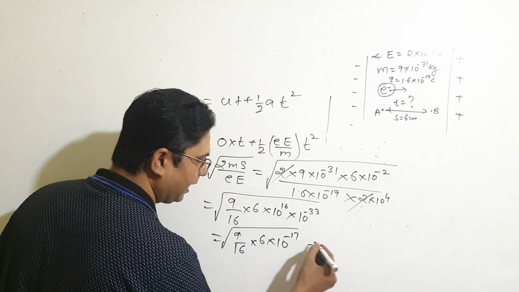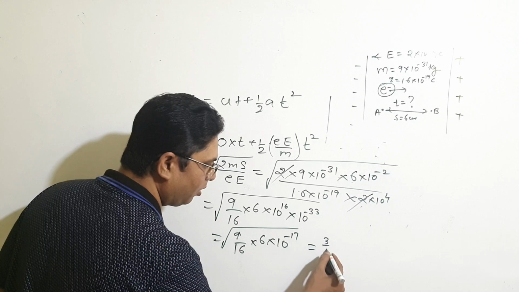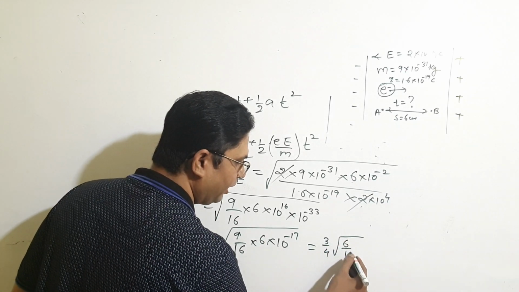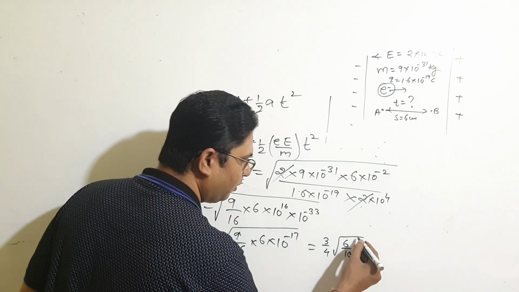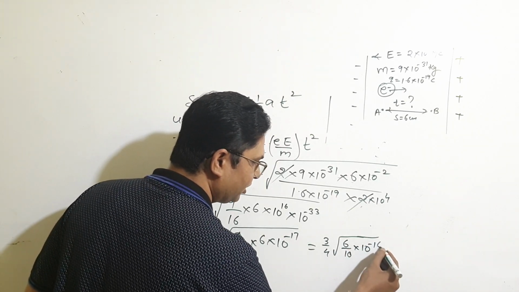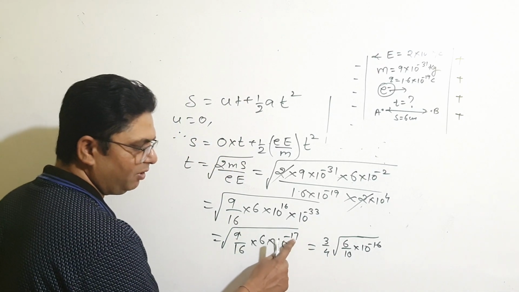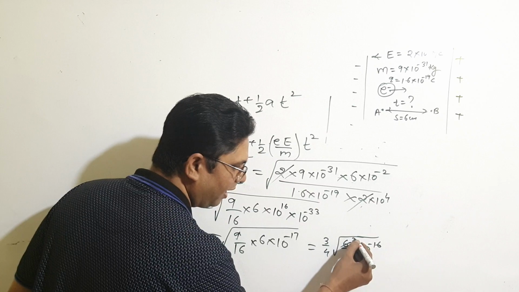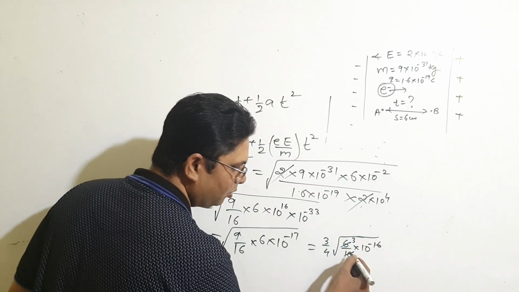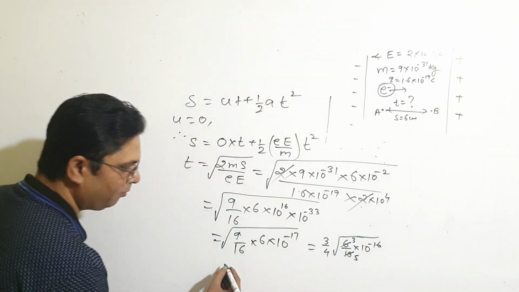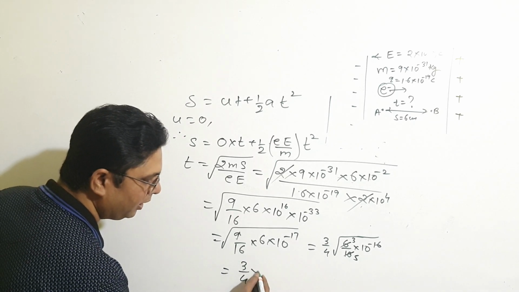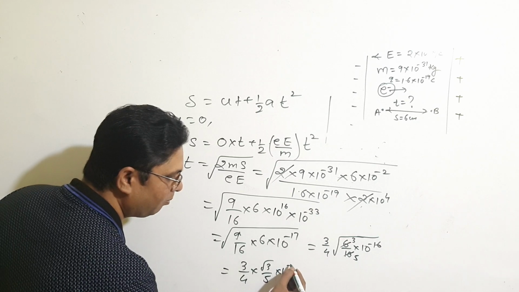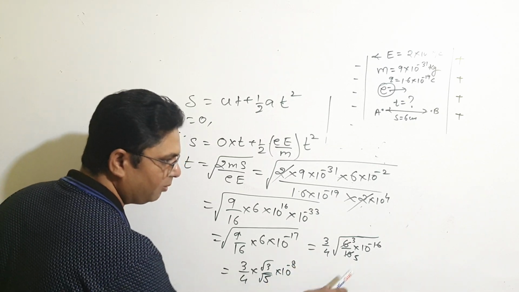This can be written as root of 3 upon 4 into 6 upon 10 into 10^-16. From this 17 we have written minus 1, 10 to the denominator side. So we cancel this with 2, we have 3 here, and cancel this with 2, we have 5 here. So you have 3 upon 4 into root 3 upon 5 into 10^-8 when you take it out from the root.